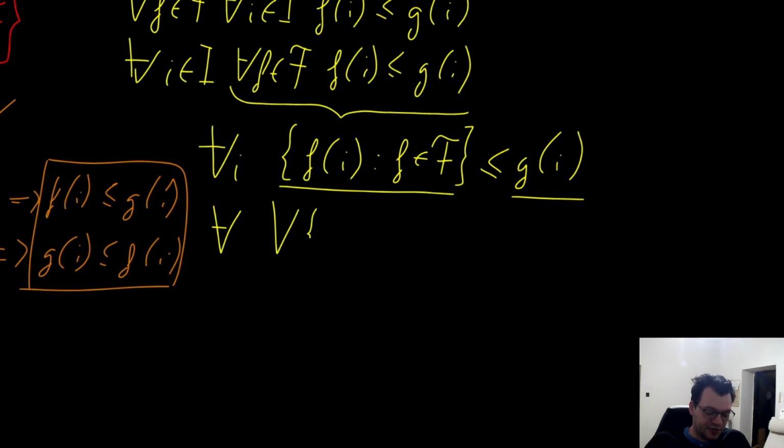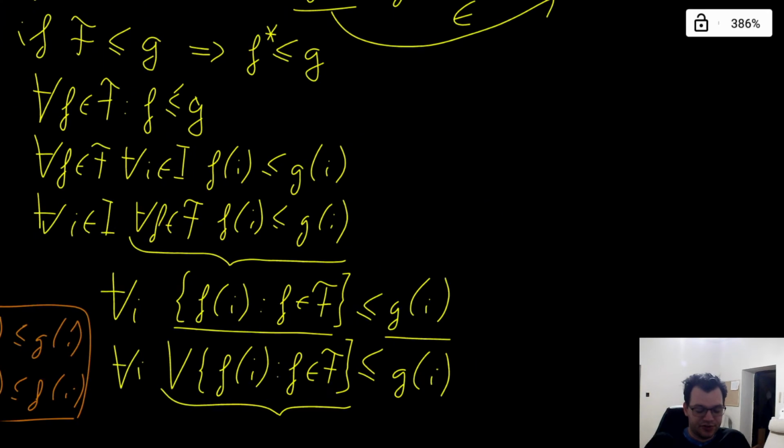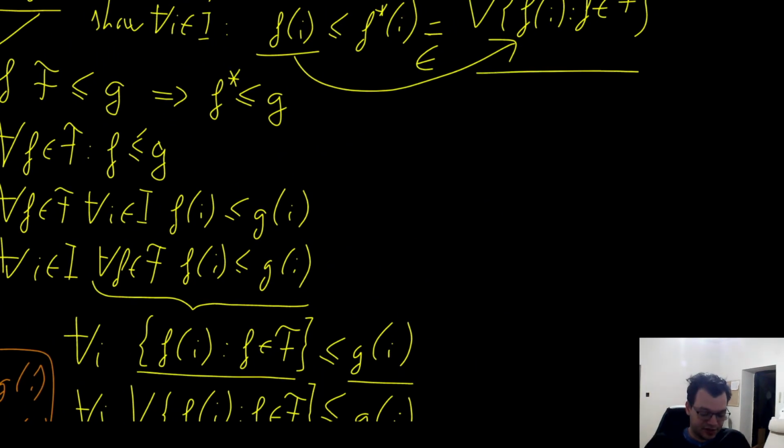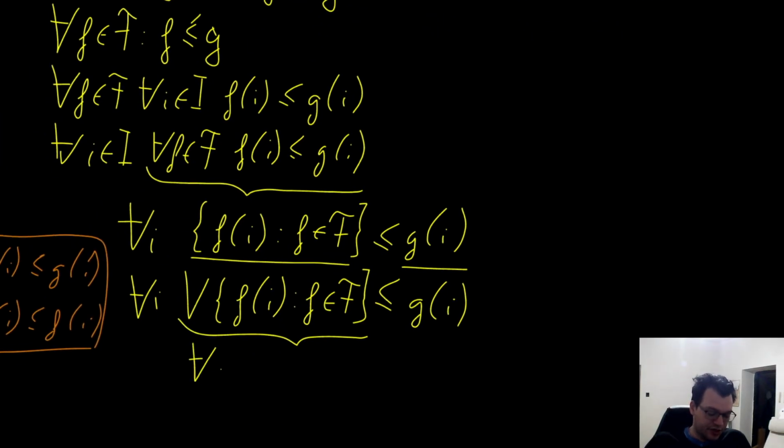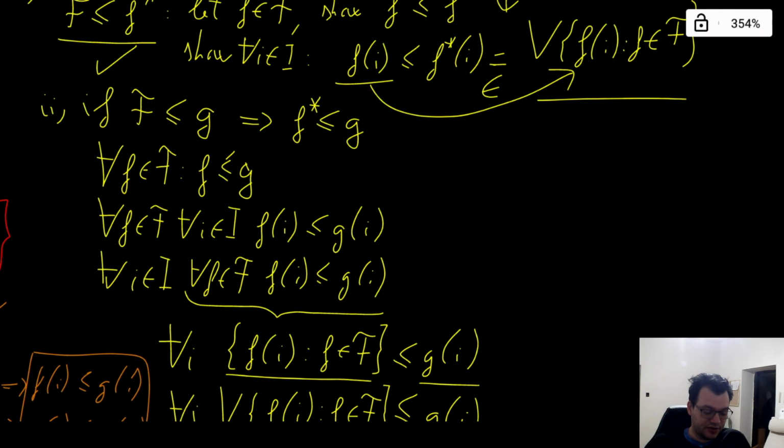We had this statement a while ago, and we are just using it again for each i. And this guy, if you just see this, is the same thing here, so it's f star of i. So for each i, we have that the f star of i is a lower bound for gi, which is exactly the definition of f star being smaller than or equal to g, which is exactly what we had to show.